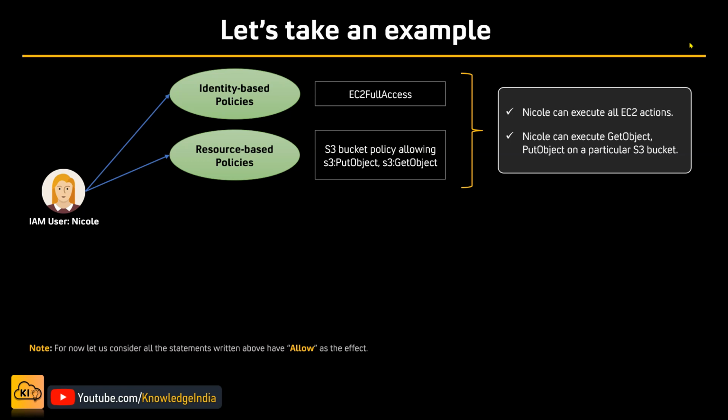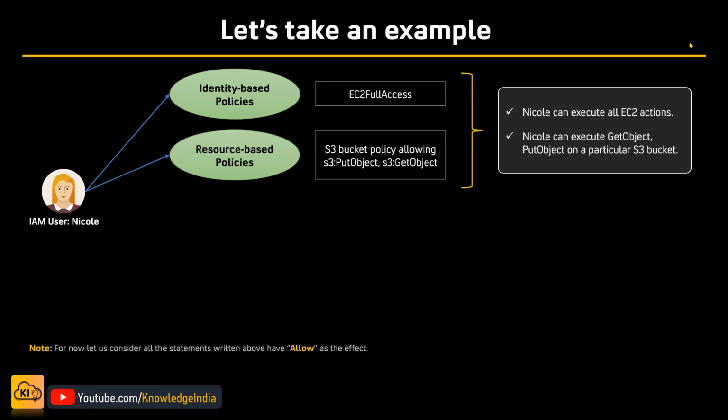Would Nicole be able to do that on all the S3 buckets? The answer is no. Only on that particular S3 bucket where the bucket policy is written, and that bucket policy is quoting user Nicole. Only on that particular bucket, user Nicole would be able to do get object and put object. I hope that part is clear.